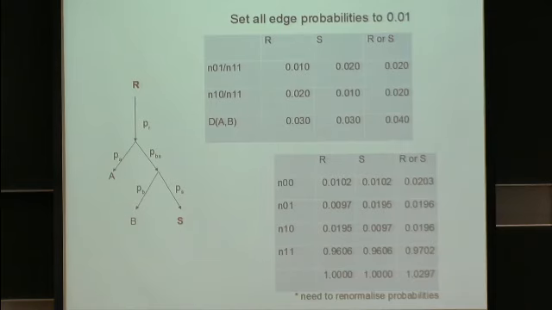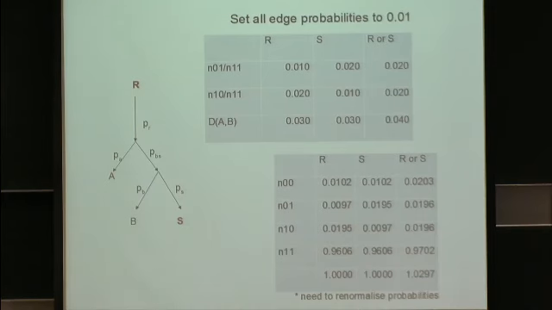And you can see, if we're trying to estimate this distance AB, if we just look with respect to R, we do fine. If we just look with respect to S, we do fine. But if we look at all fragments that are present in R or S, then we overestimate that distance.